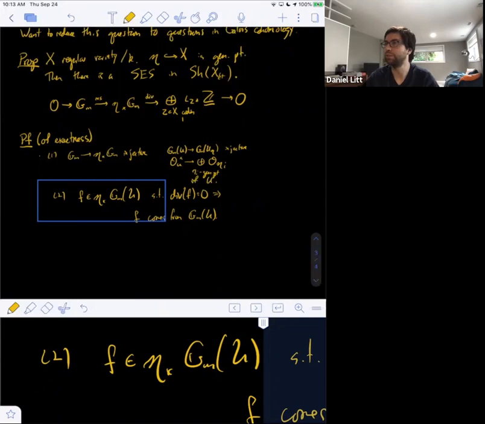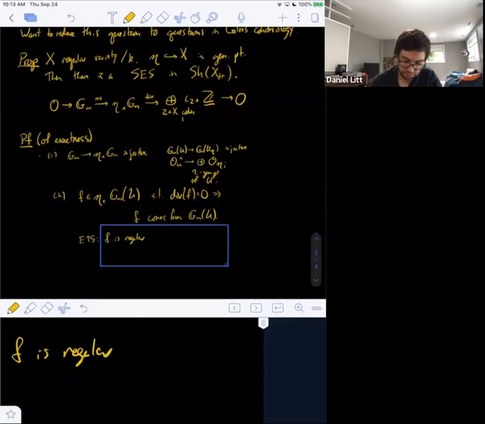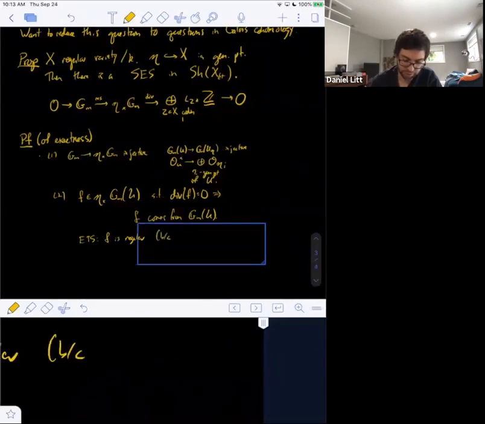So it and its inverse are both regular. So it's enough to show f is regular, because then by the same argument, f inverse will also be regular, which is what we also want to show.